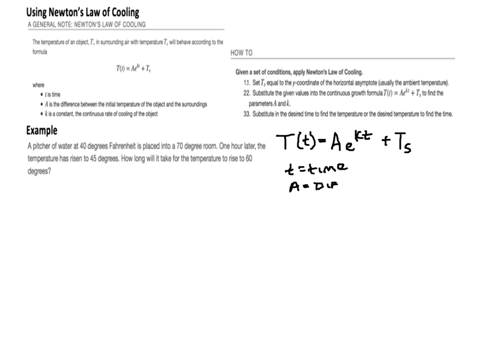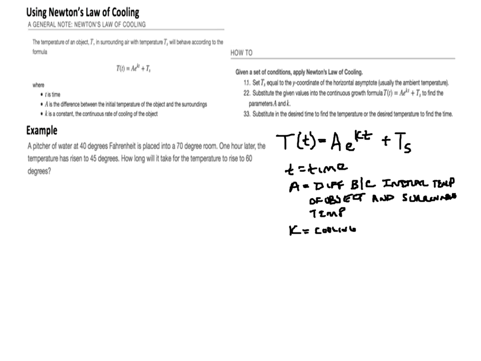A is the difference between the initial temperature of the object and the surrounding temperature. k is obviously our constant, and in this example, it's the continuous rate of cooling of the object, so this is our cooling constant, I guess.